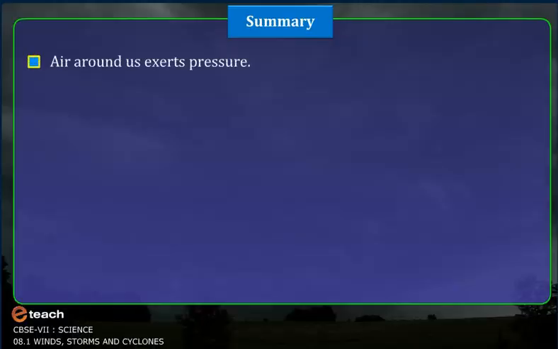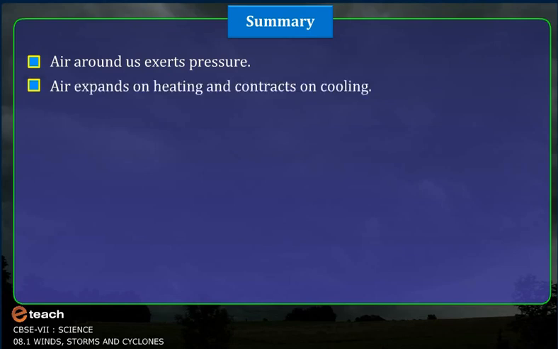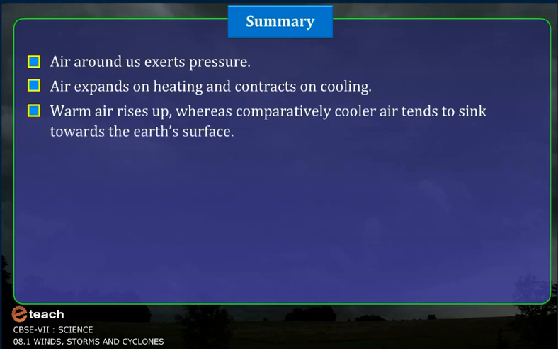Summary. Air around us exerts pressure. Air expands on heating and contracts on cooling. Warm air rises up, whereas comparatively cooler air tends to sink towards the Earth's surface.